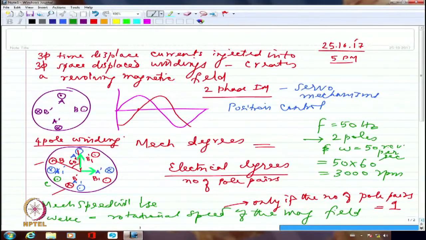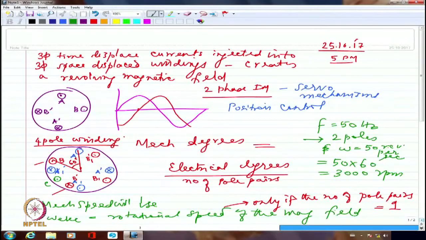Half the electrical oscillation corresponds to, let's say, 10 millisecond in a 50 Hertz cycle. So in 10 millisecond, my revolving magnetic field would have moved only from here to here. Nothing more than that. But if it had been a 2-pole configuration only, then it would have moved all the way from here to here.